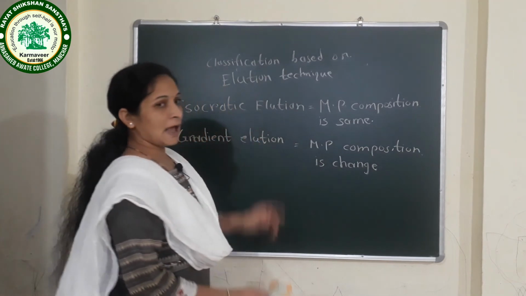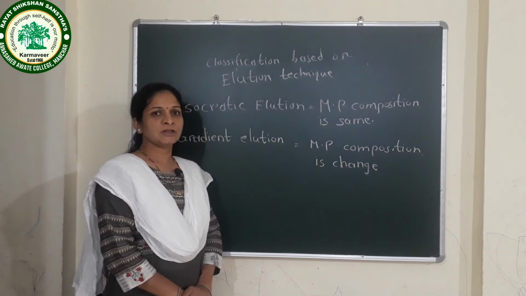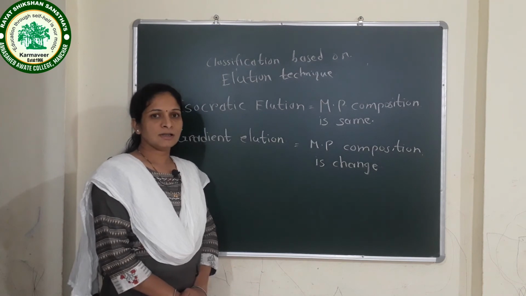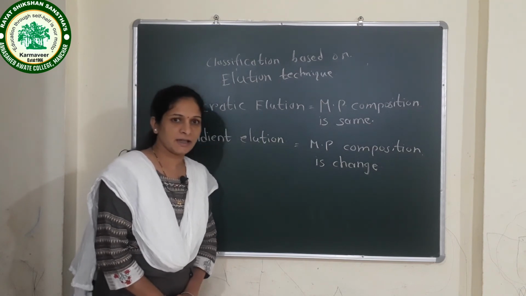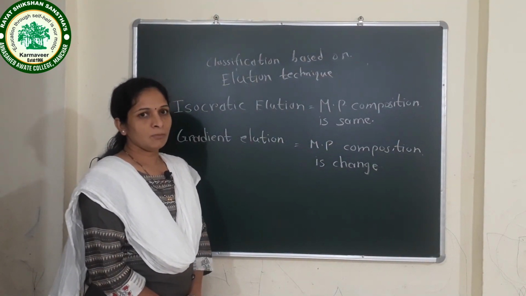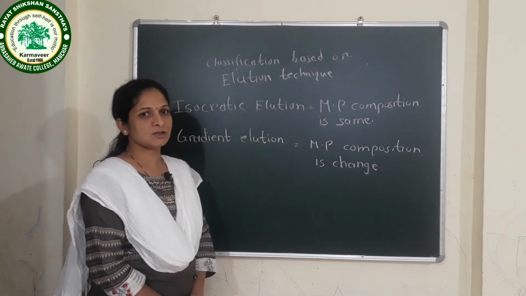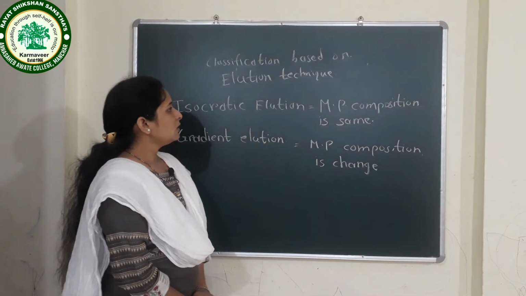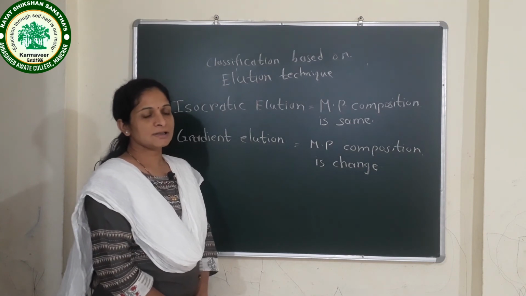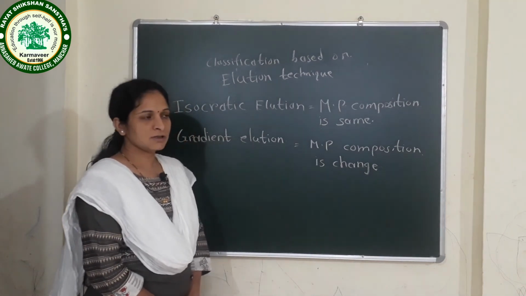This is all the classification of the chromatography we have seen. We have seen the classification on the basis of the stationary phase and mobile phase used. Then we have seen the classification on the basis of the various techniques such as the TLC, paper chromatography, column chromatography, gas chromatography, HPLC. Then the classification on the basis of the principle of separation. Which types are there on the basis of the principle of separation?